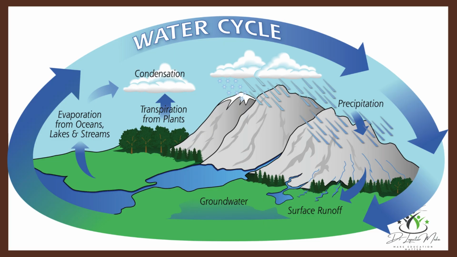So this is basically a cycle of how water moves from the ground to the sky, back to the ground, right? We have different terms that I actually want you to understand, to know by heart.